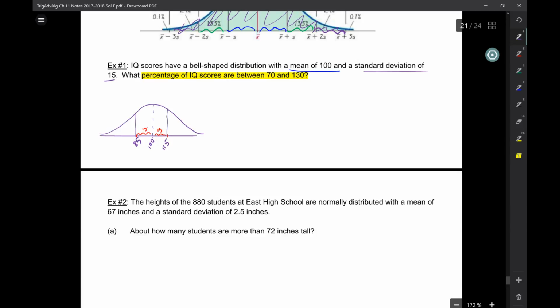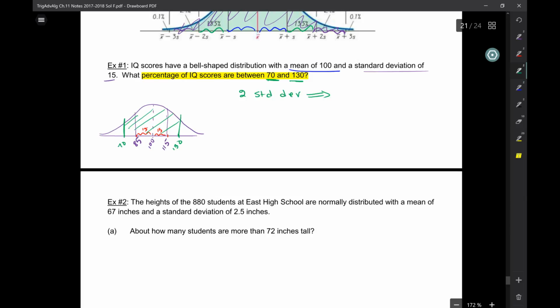Okay, what percent is within one standard deviation? 68. But is that what I want? What I want is 70 and 130. That means I have to go one more 15. 130 and 70. Okay, so what percent is there? That's 2 standard deviations.